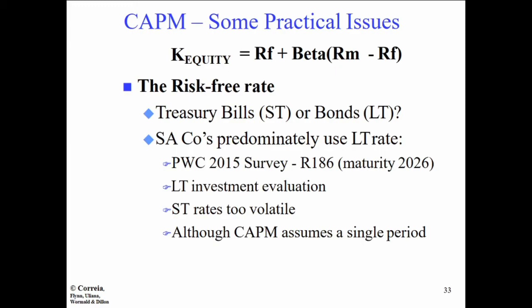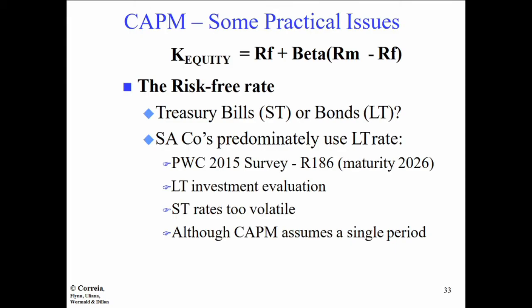Some academics promote using a short-term treasury bill rate, given the assumptions of the capital asset pricing model. However, in practice, companies actually use the long-term bond yield. The reason for this is that it more closely matches the term of the project being evaluated. It makes sense that long-term projects should be evaluated using yields on long-term government bonds.